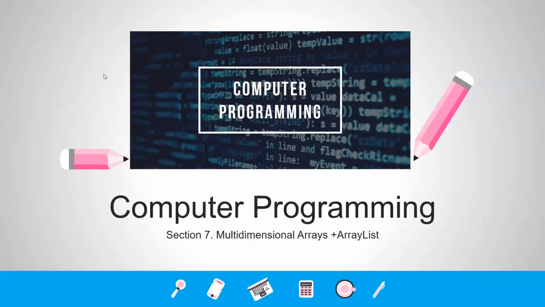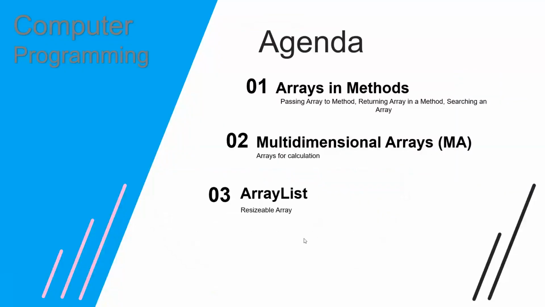In this section, we will learn about multi-dimensional arrays and array lists. So what are they? We will check. First, I will explain again about arrays. Hopefully, you still remember about arrays. And I will discuss particularly arrays in methods.